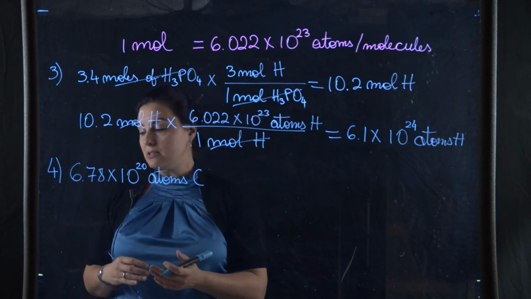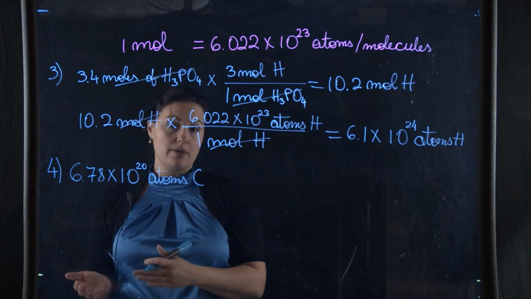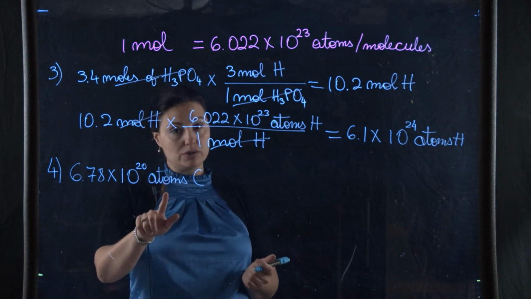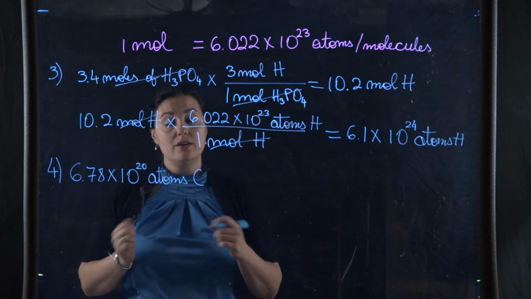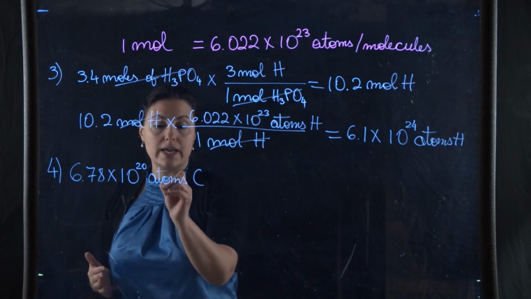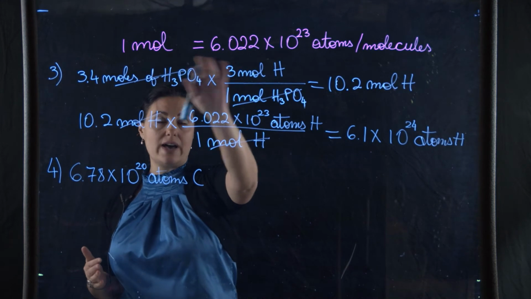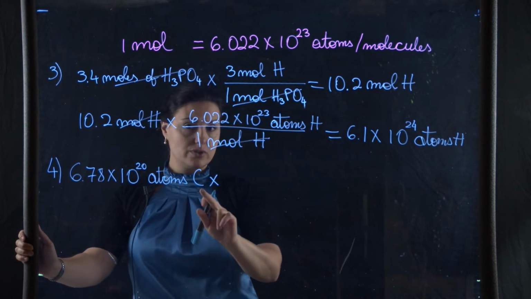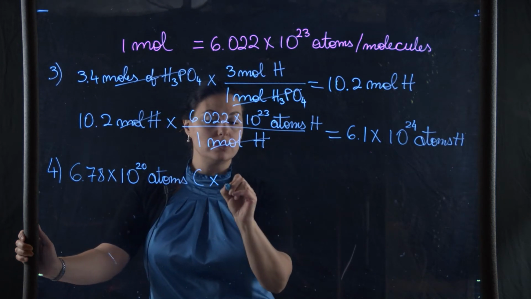I can relate the moles of carbon to moles of C6H6. However, I don't have moles of carbon, I have atoms. Therefore, I have to convert to moles first, and I do that by using Avogadro's number up here. I'm converting atoms of carbon to moles of carbon.